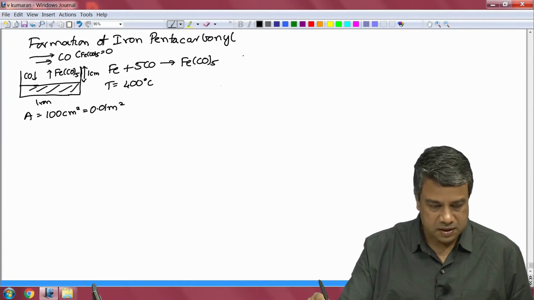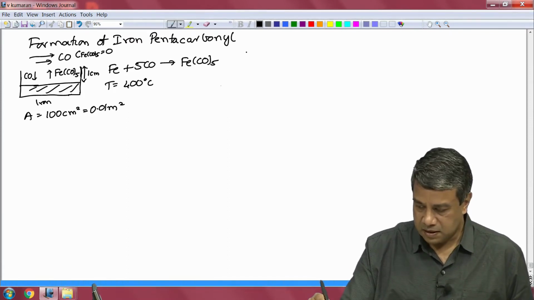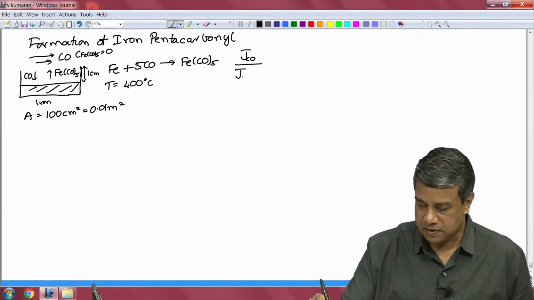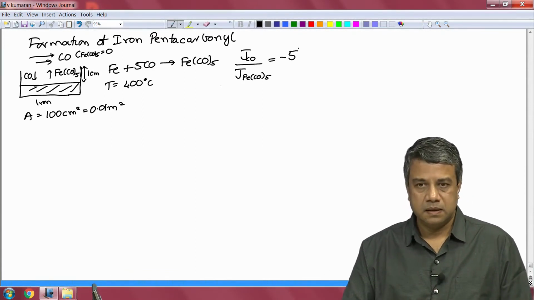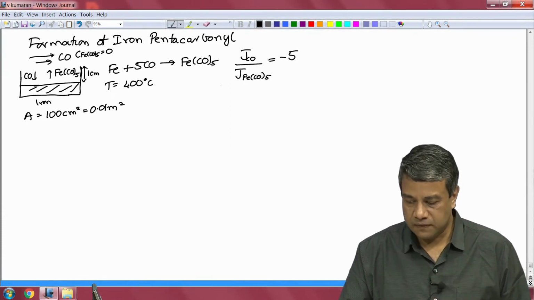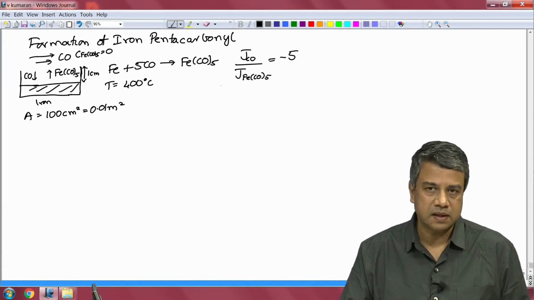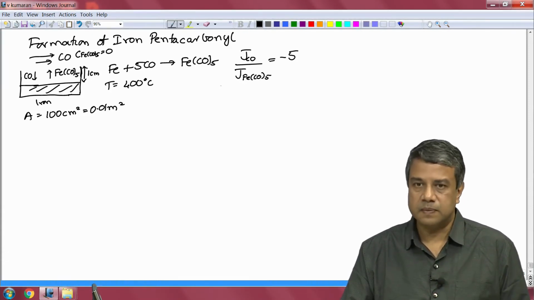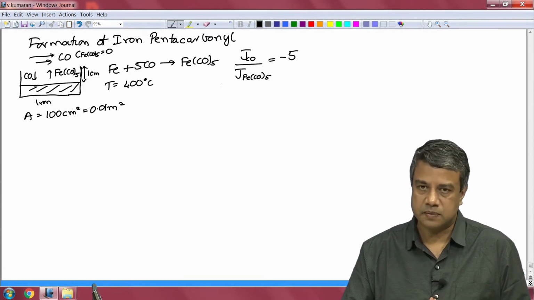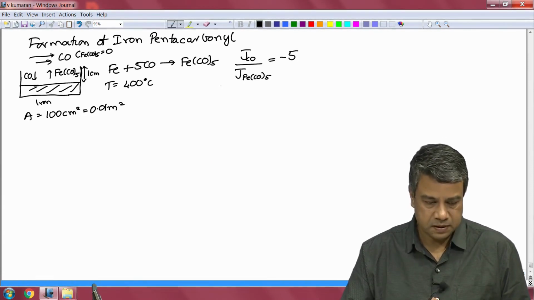The condition basically is that the molar flux of CO divided by the molar flux of FeCO5 is equal to -5, because for every mole of iron pentacarbonyl that is going upwards, there have to be 5 moles of carbon monoxide that have to come downwards, just from stoichiometry.